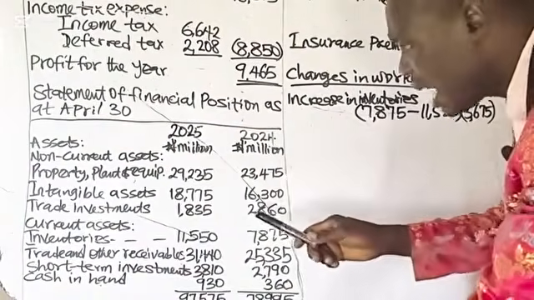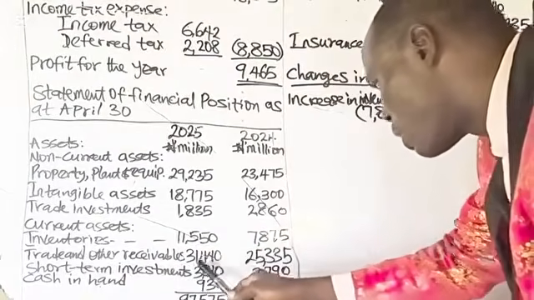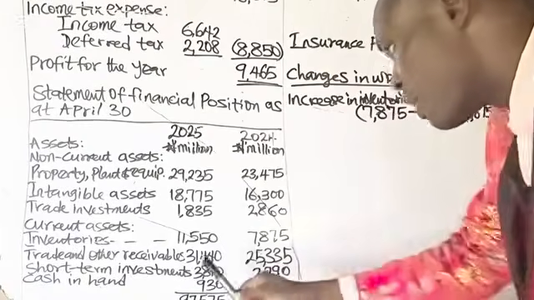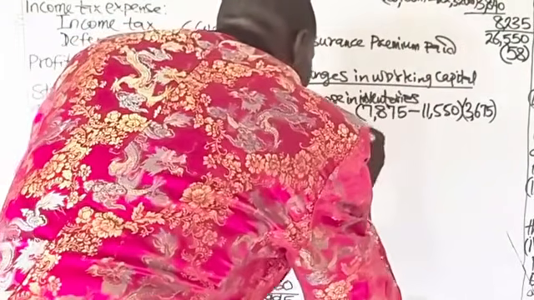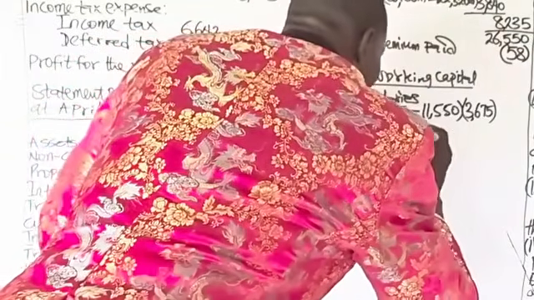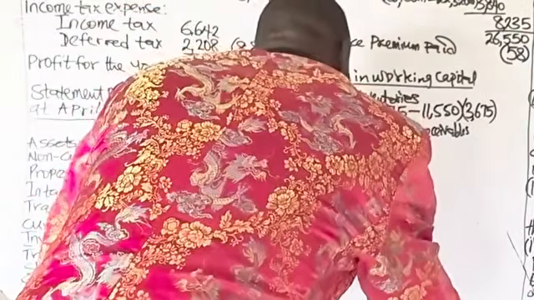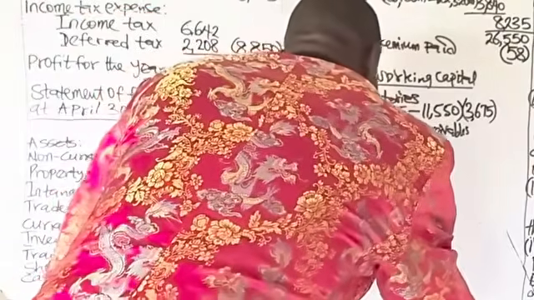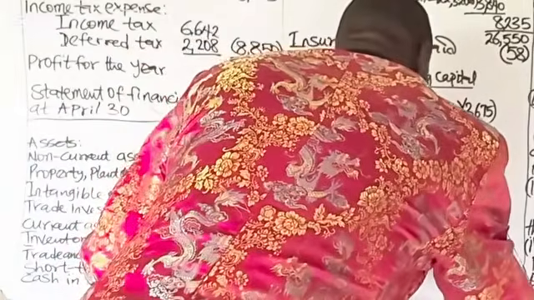Now, after increase in inventory, then you have trade and other receivables. The current one is greater than the previous one. That means you equally have an increase in trade and other receivables. The opening 2024 amount 25,335 minus the closing 31,440.